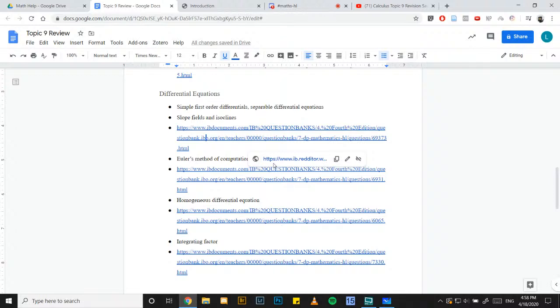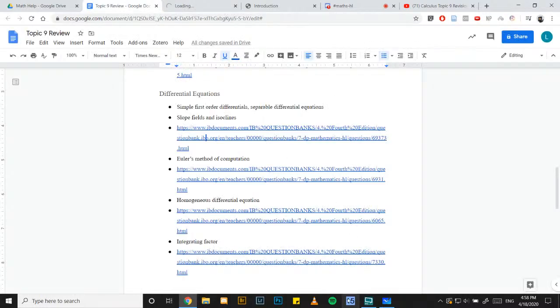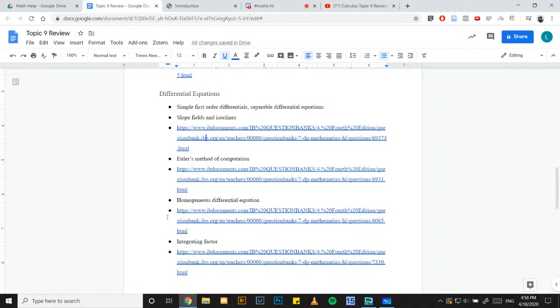One little thing that might pop up at any given point is slope fields and isoclines. One second, I'm going to look at that.